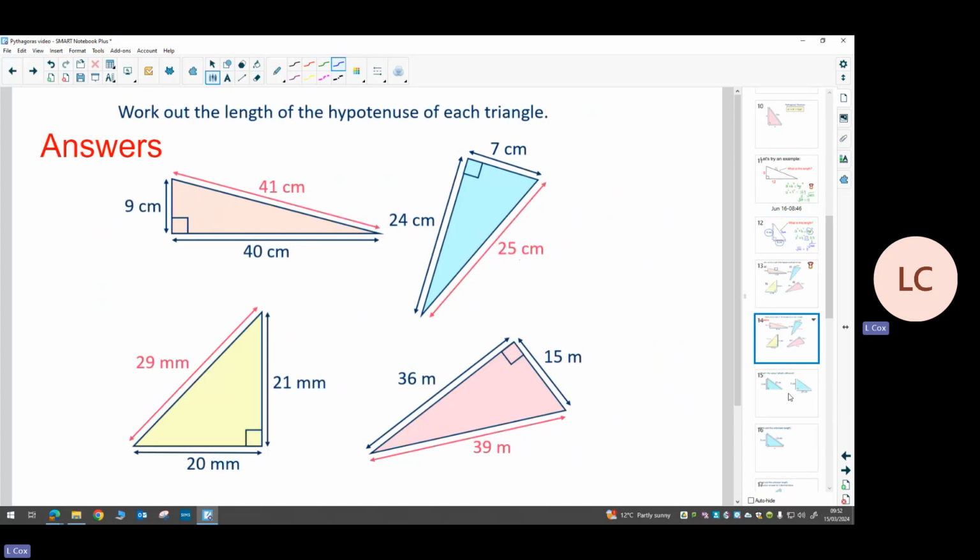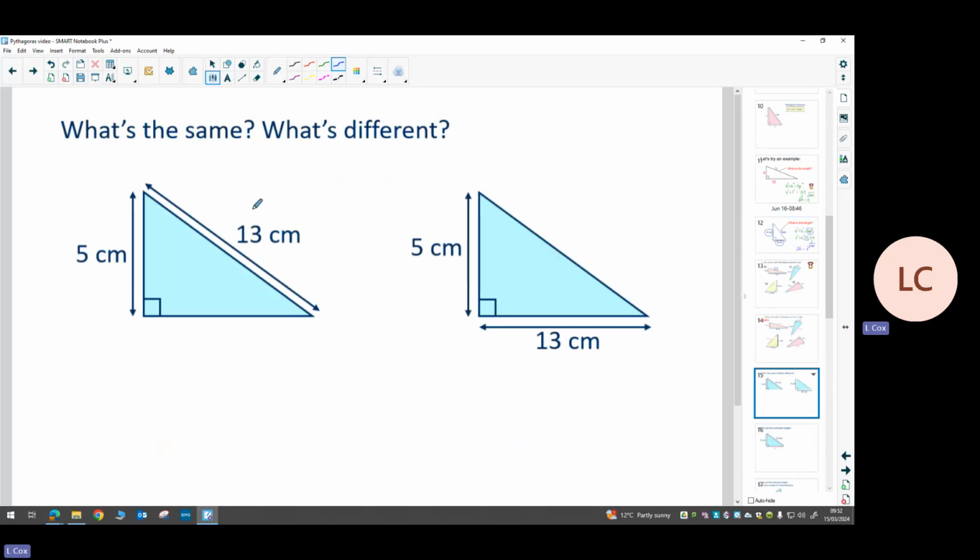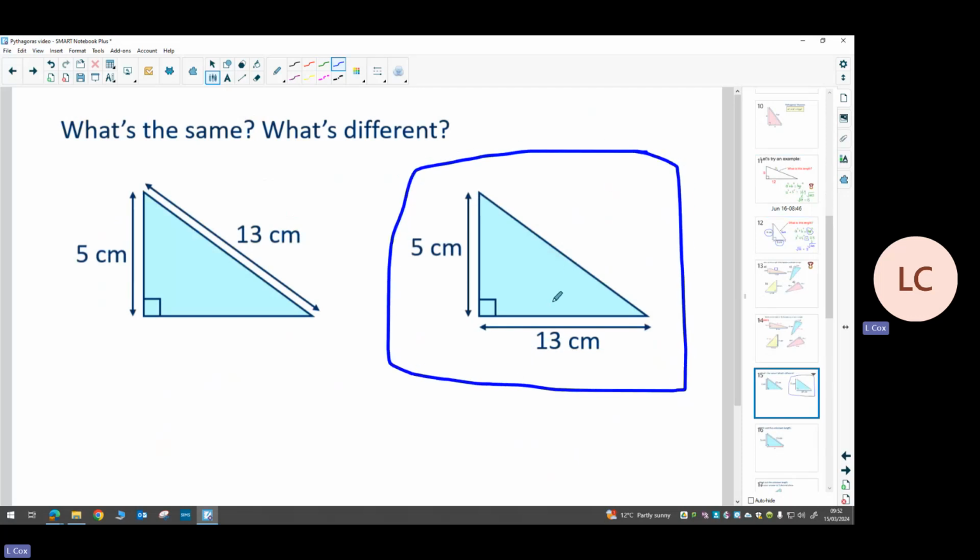That's the first part of solving problems with Pythagoras' theorem. Now have a look at this one now. What is the same and what is different? They've both got a 5 and a 13. But this is the kind of question that we've already looked at, with an A and a B and a hypotenuse.